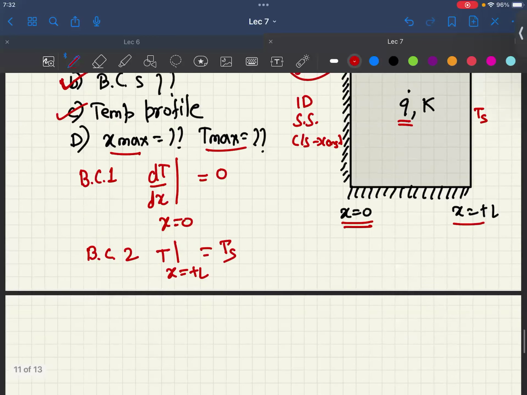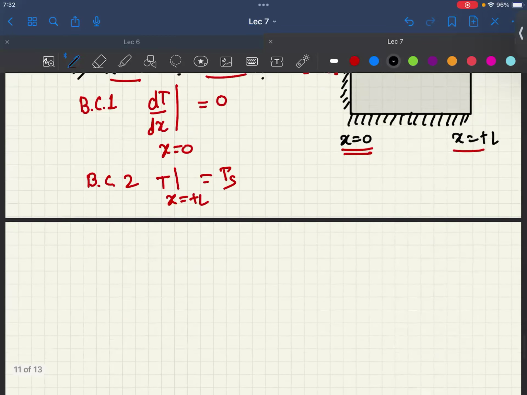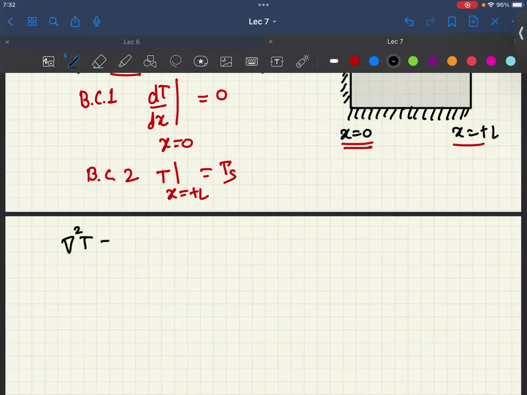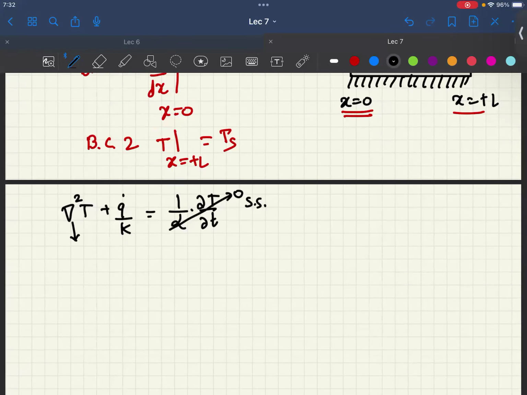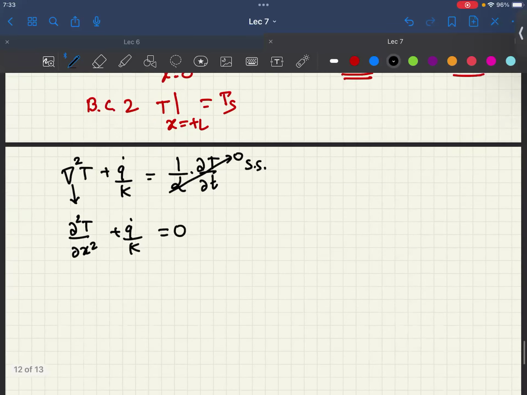That means we can use our generalized energy balance, which is nothing but del 2 T plus q dot by k is equal to 1 by alpha del T by del t. Now since this is a one dimensional steady state system, that means this is equal to 0, and since it's one dimensional, we can write this as del 2 T by del x square plus q dot by k is equal to 0.